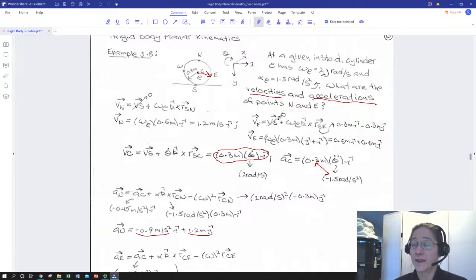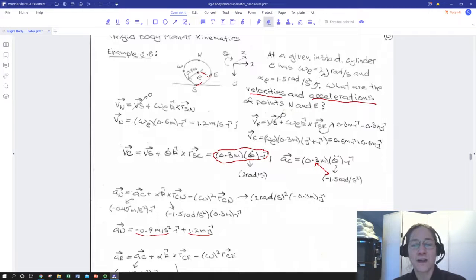So we can use, again, the invariant point. We could have used the center point velocity. Honestly, it might have actually been easier, but back up here we hadn't yet calculated that, so we can just use our point of instantaneous zero velocity at S, and then add our angular velocity in the k-hat direction crossed into r_SE. Let me erase that.